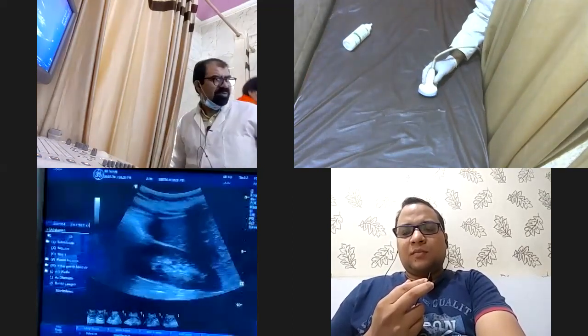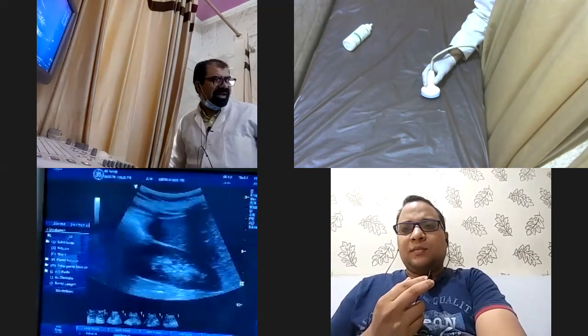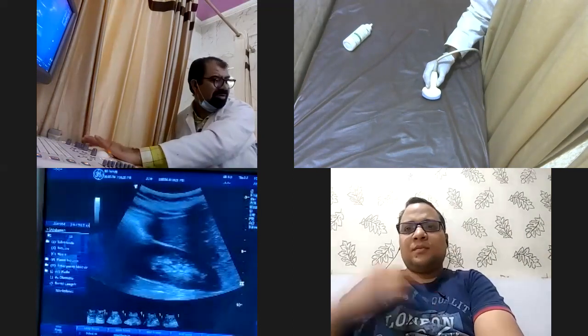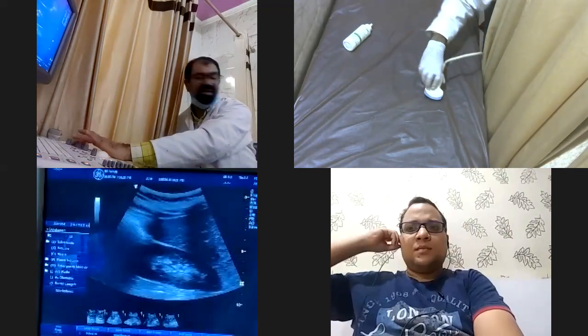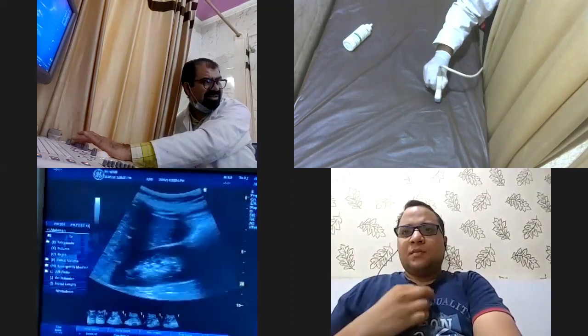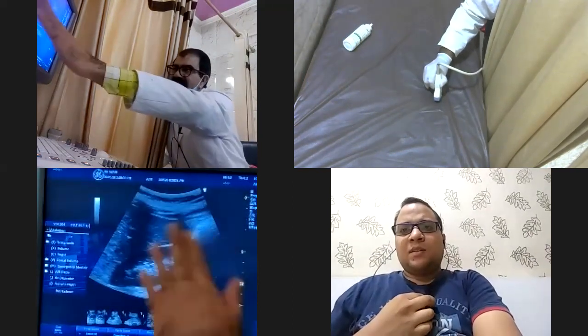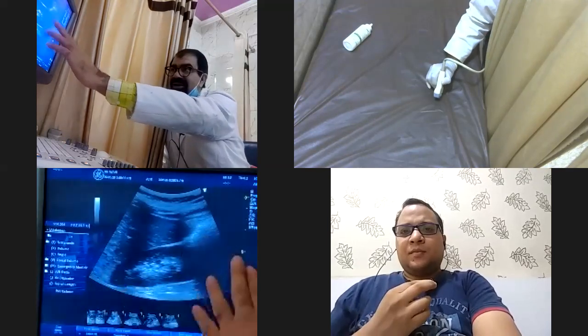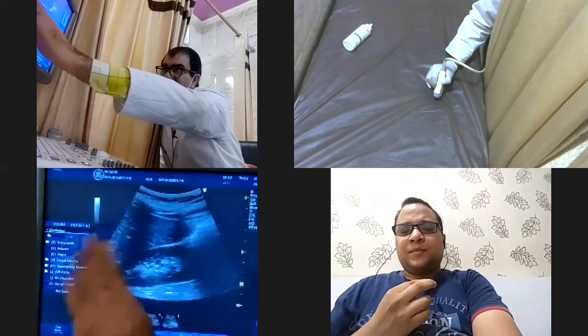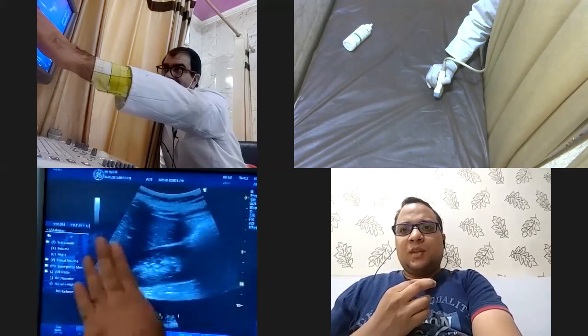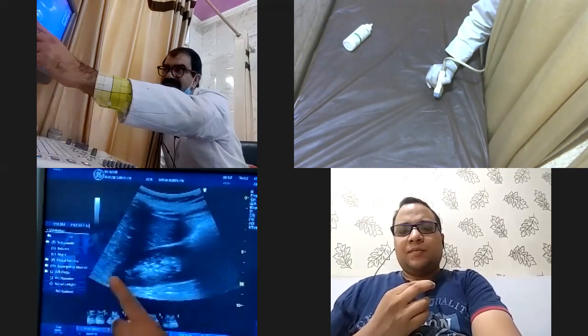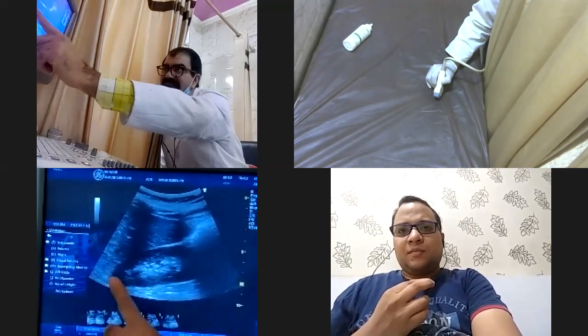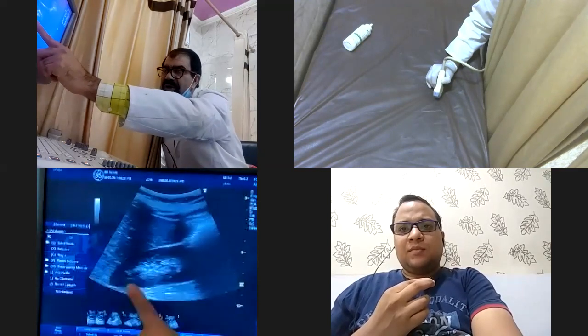Now, I was like this, and I have rotated it clockwise, like this. This is the image, right? Is this side superior? Yes, sir. Now see, if I know that superior is here, which pole of the kidney is this?